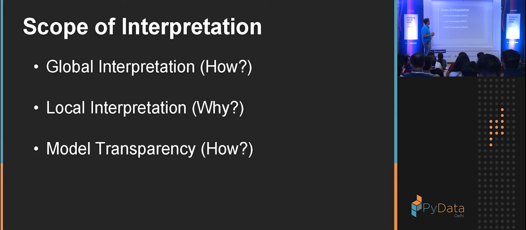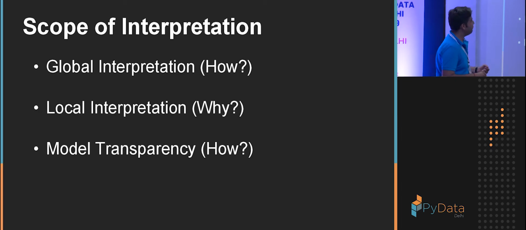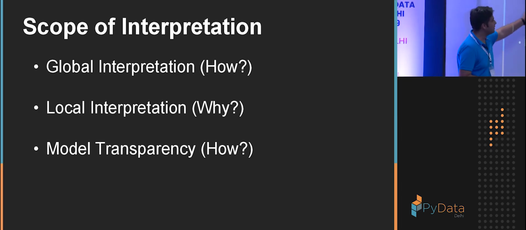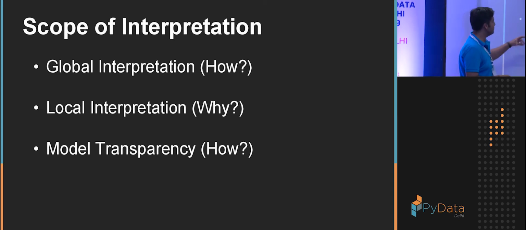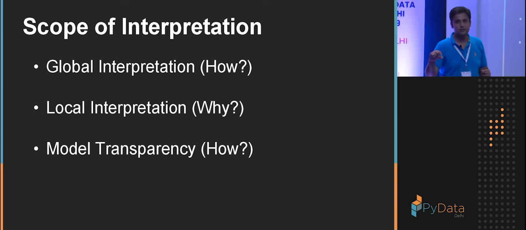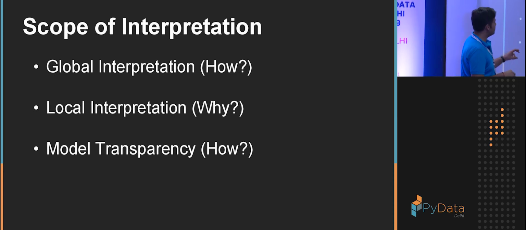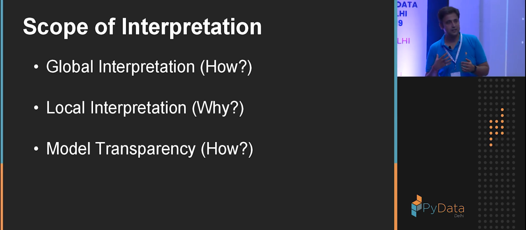Now the scope of model interpretation. We have already covered that global interpretation is how a model is behaving overall. Local interpretation is when we are trying to understand why a particular decision is taken rather than the overall model. And model transparency is how your model is behaving for each model, because each model has certain properties.